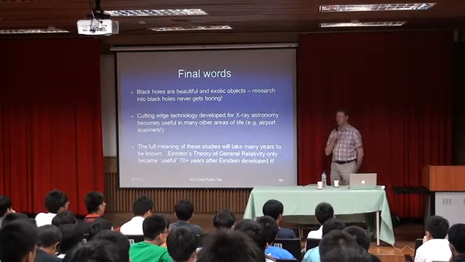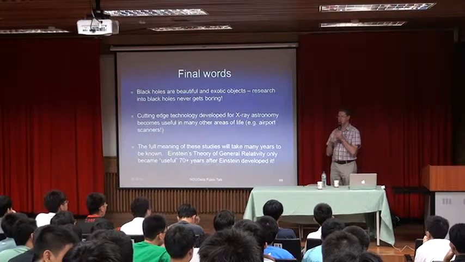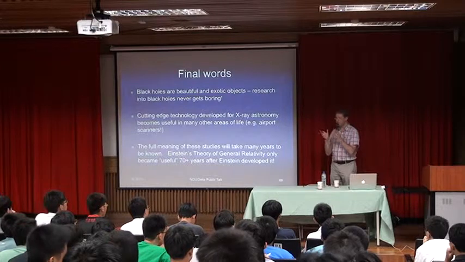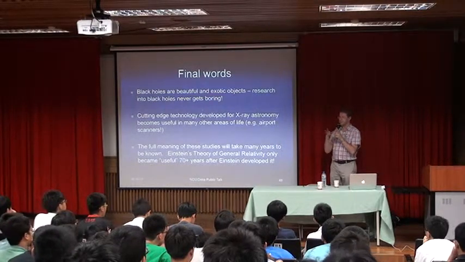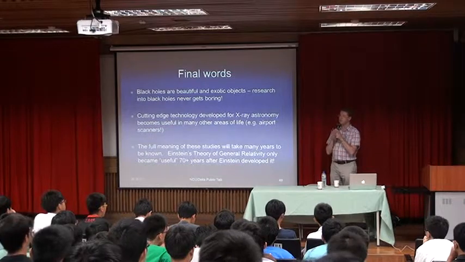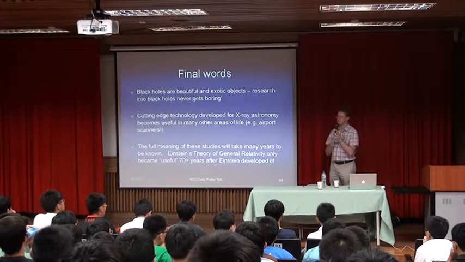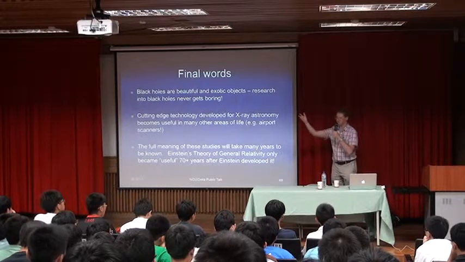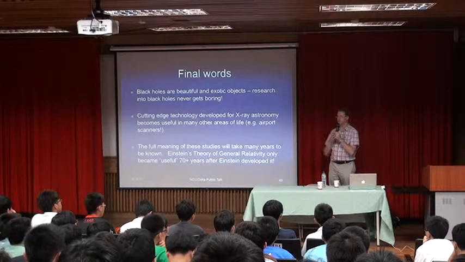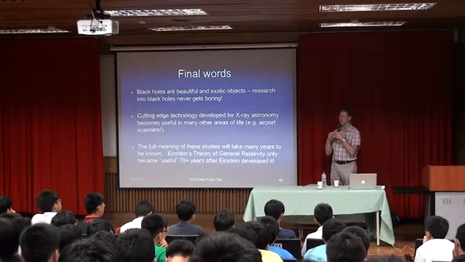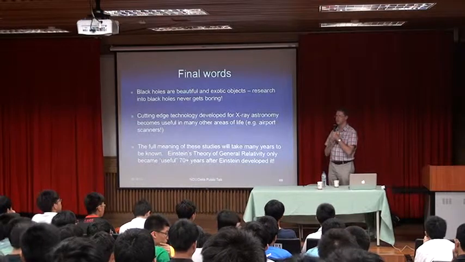Let me first say what a white hole is. If you take the theory of general relativity, then the mathematics tells you that you can have things that look like black holes but are in reverse. Things are coming out of them. They're very strange objects, where everything comes out and nothing goes in.